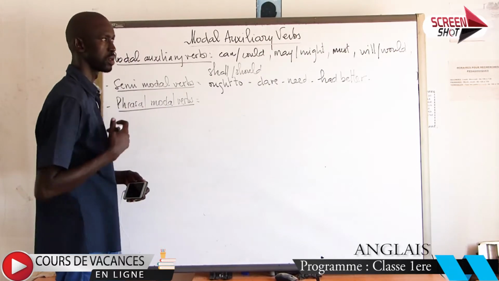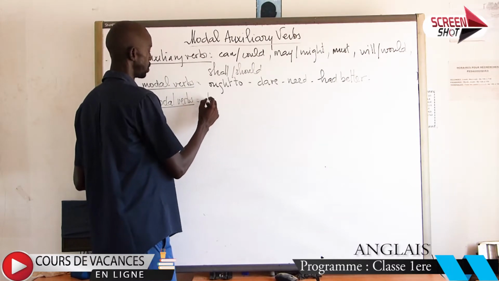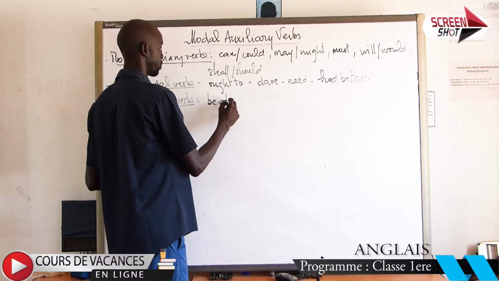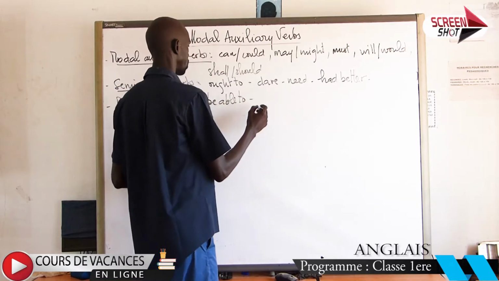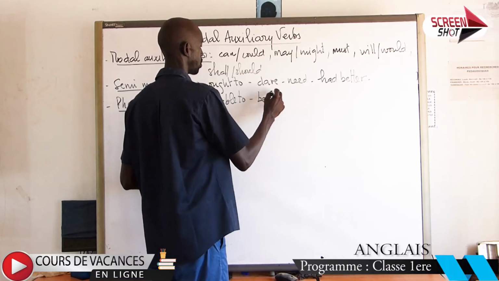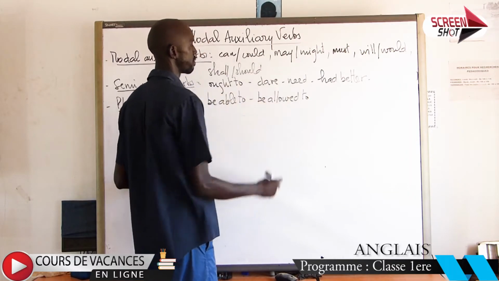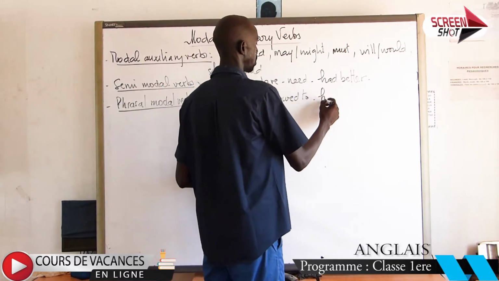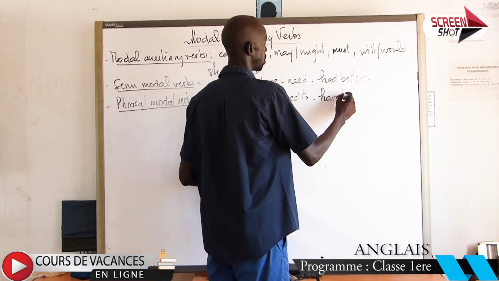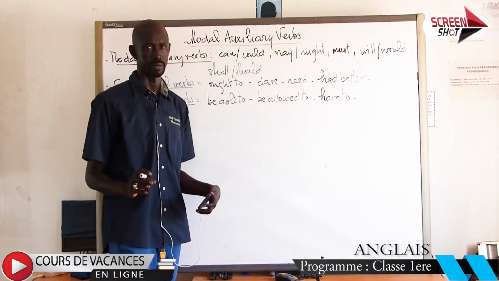The phrasal modal verbs: you can use the equivalent of can or could, which is be able to. You can have be allowed to, which is the equivalent of may or might. You can have have to, because must, we use it only with the present time.